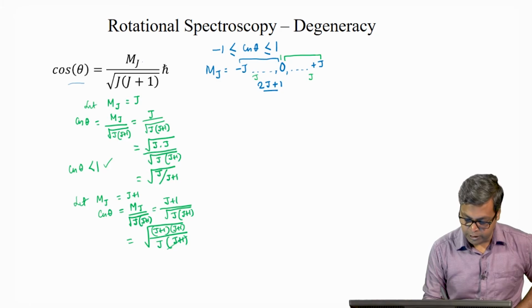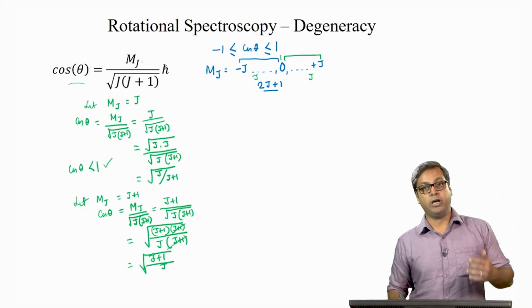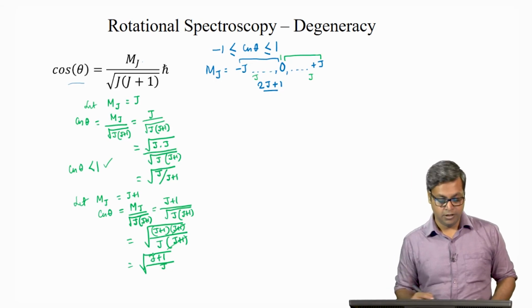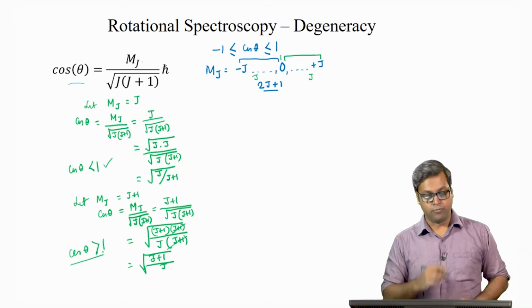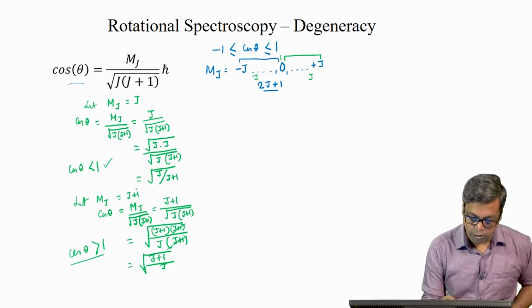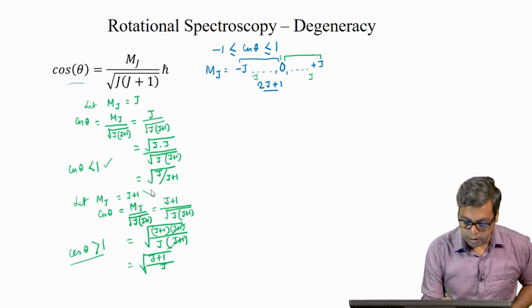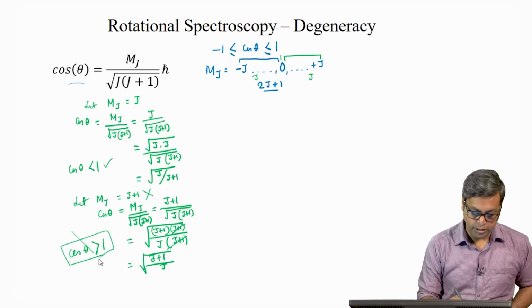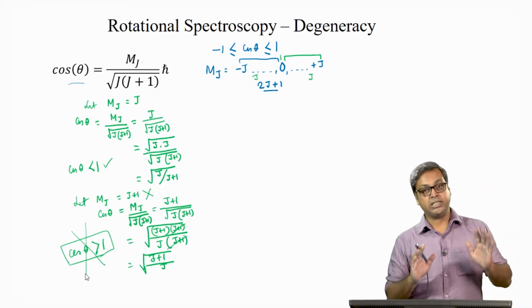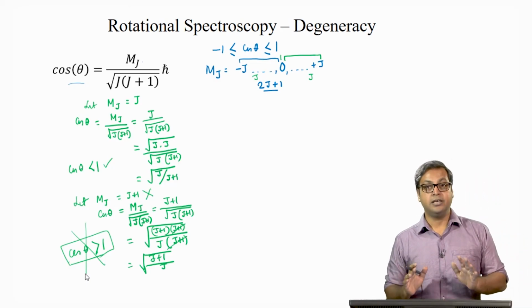If we cancel out j plus 1, we get root over (j plus 1) divided by j. So, now because j plus 1 is greater than j, for this particular case we have cos theta greater than 1, but we know the limit of cos theta. So, this value of m_j is not permissible, because cos theta cannot be greater than 1. So, the maximum value of m_j is j.